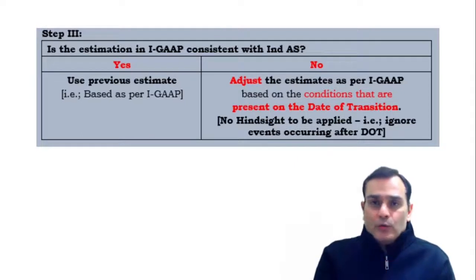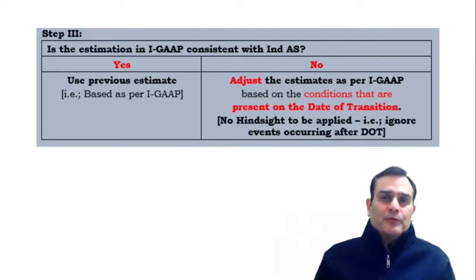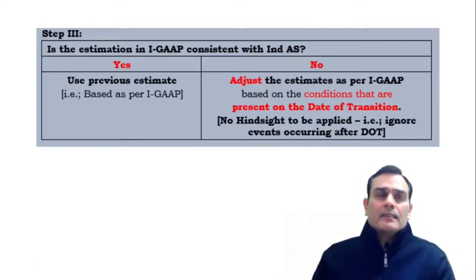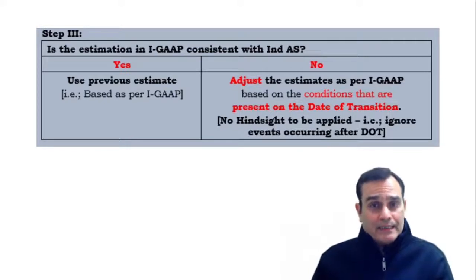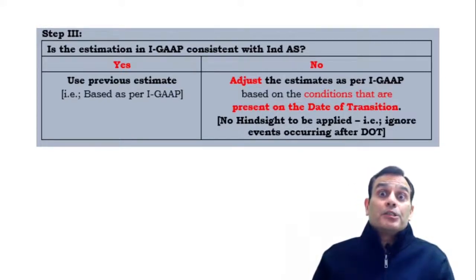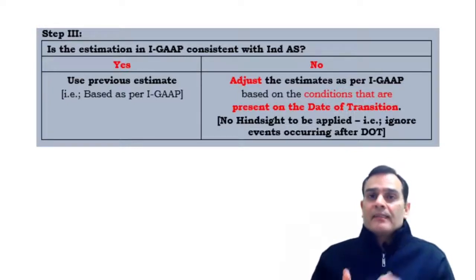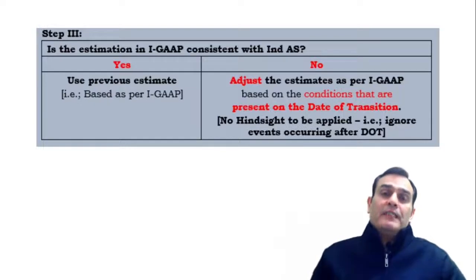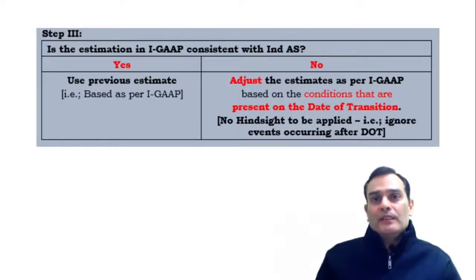If you said no, there are no errors, you go to step number 3 and find out, is there a consistency between the previous GAAP and the Ind AS? You said yes, there is a consistency. Please accept the estimates as they are. Otherwise, make adjustments to the previous estimates made as per previous GAAP. That is as simple and straight. So this is one of the mandatory exceptions given in Appendix B at the time of making the opening Ind AS balance sheet.